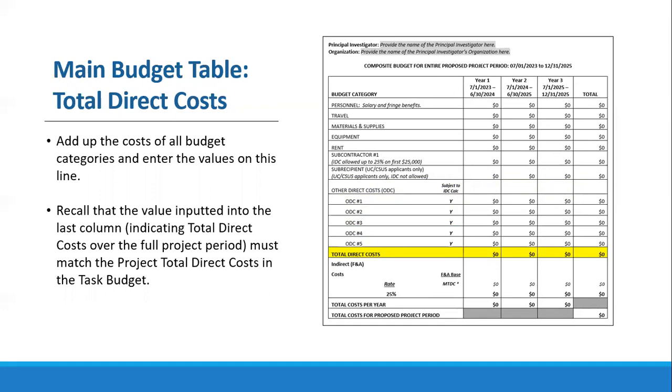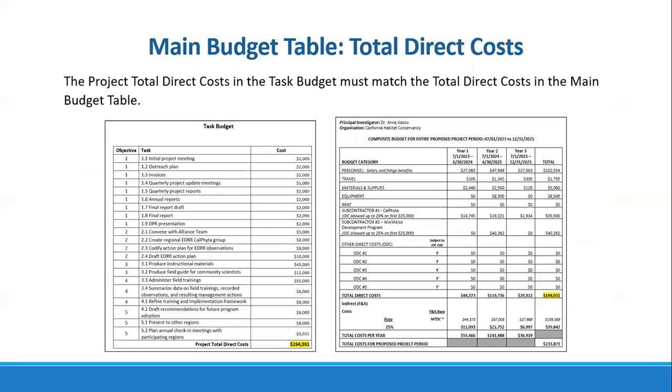But this specific direct cost, and in particular, the total on the right, is the one that must match the total direct costs in the task budget that we talked about initially. And to return to that example, as we see here, the task budget on the left matches that specific cell on the right.